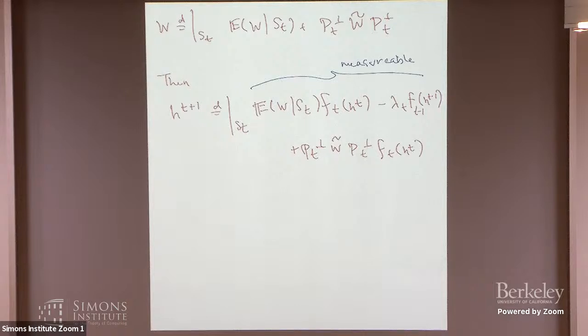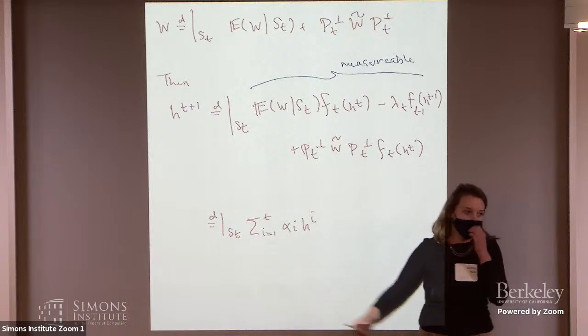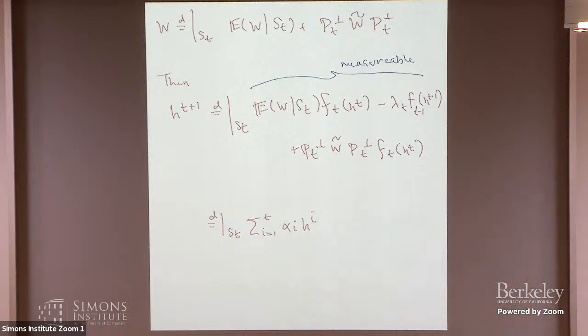In short, this is a really long proof, but the idea is that you look at that deterministic piece and its structure, and you find that it looks something like the following. You have a sum of my H_i, where i goes from 1 to t, so the previous iterates of the algorithm, combined with some alpha_i's whose value I won't state, but they're there.